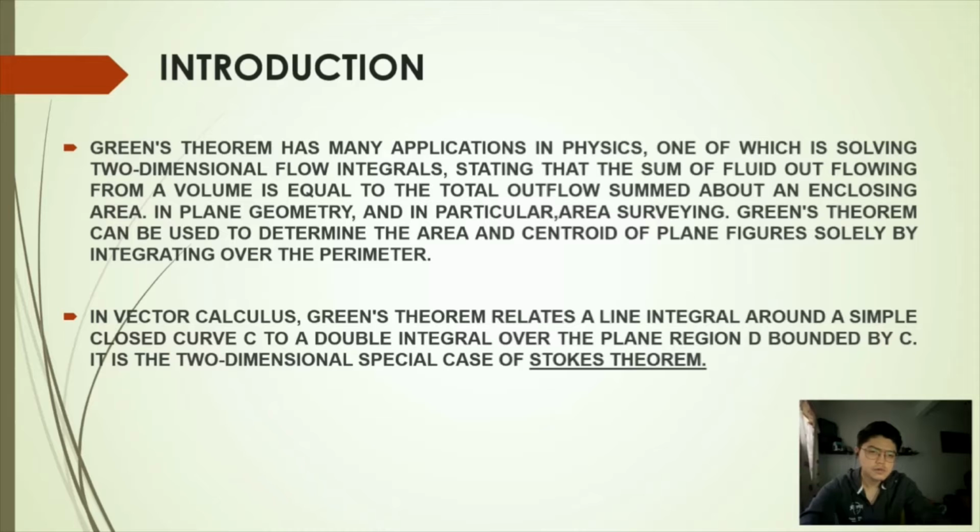In vector calculus, Green's theorem relates a line integral around a simple closed curve C to a double integral over the plane region D bounded by C. It is the two-dimensional special case of Stokes' theorem.